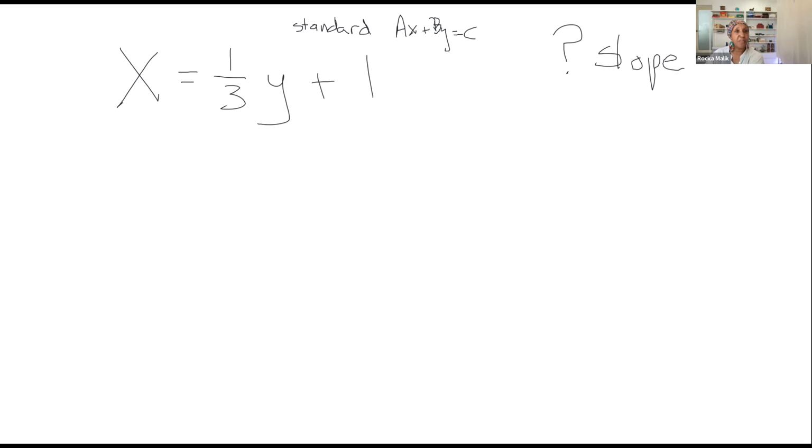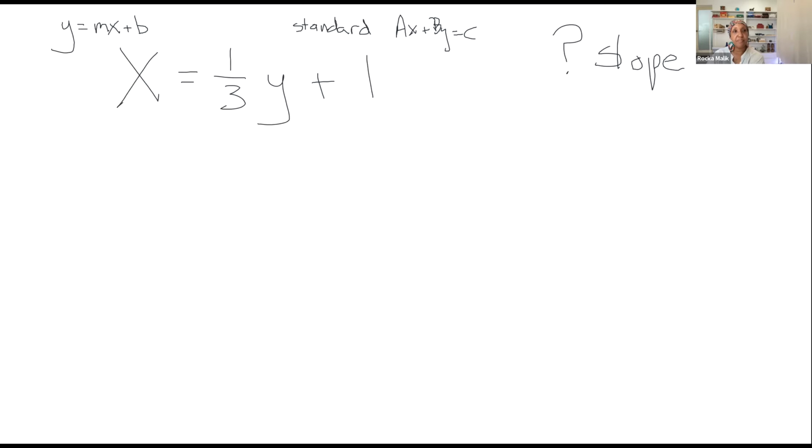So the other format that we tend to use is y equals mx plus b, which is called slope-intercept form, because you can look and see my slope, which is the number attached to the x, and the y-intercept, which is just this b.